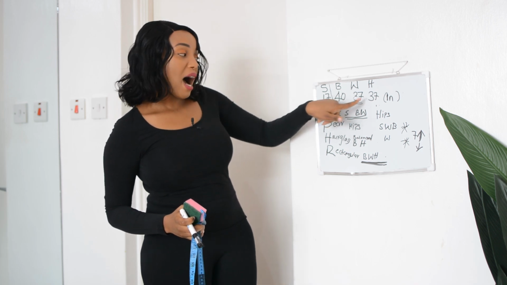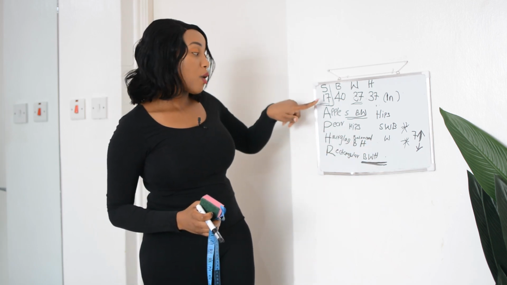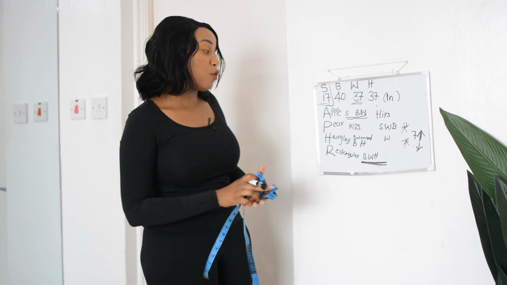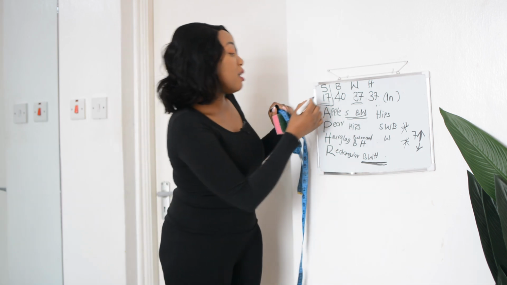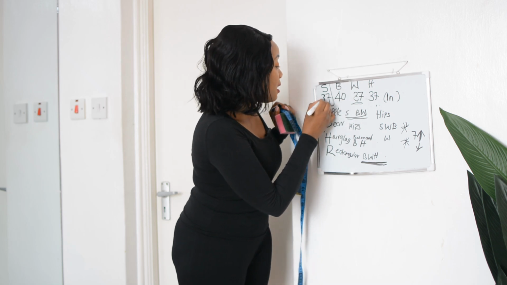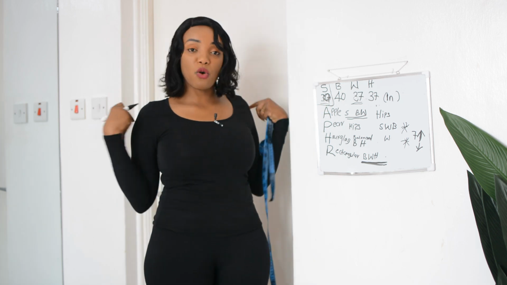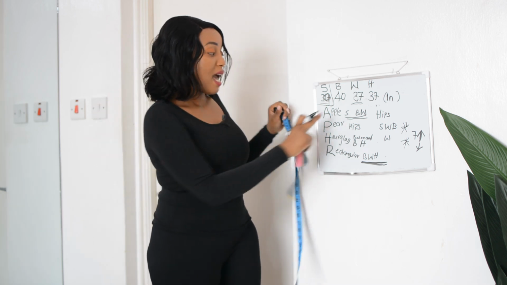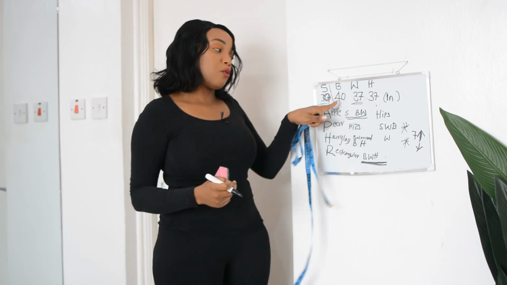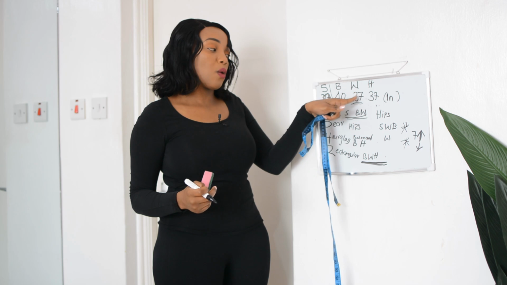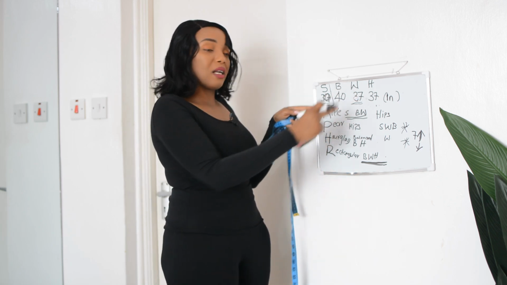I'm using this for simplicity. I'll come to the shoulders. Also, if your broadest part of your body was like 40, or it came to something like 30, we can clearly see that this person already has very broad shoulders, and this person also has a very big bust. And when it comes to the waist, the difference between the bust and the waist area is just 3 inches, so they are more or less the same.